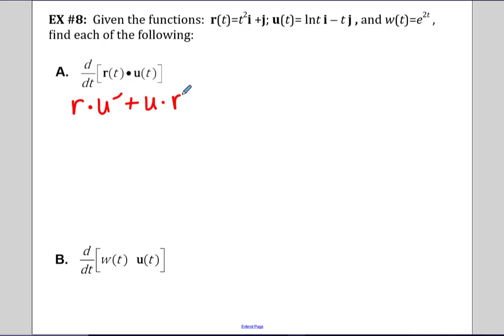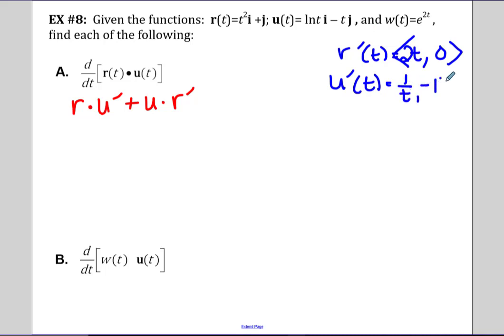And first we need to know the R prime of T. So R prime of T is 2T and 0. And then we need the U prime of T, which is 1 over T and negative 1.